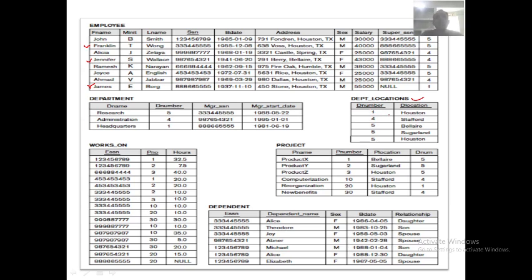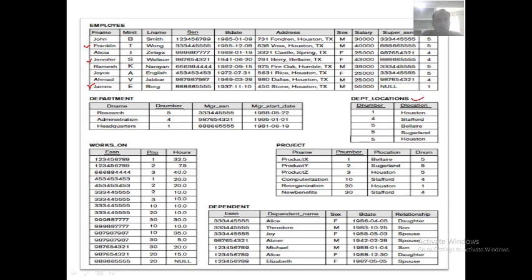Okay, which is located at Houston. Then department number 4. Which is the department number 4? Administration, sir. Administration is located at Stanford.